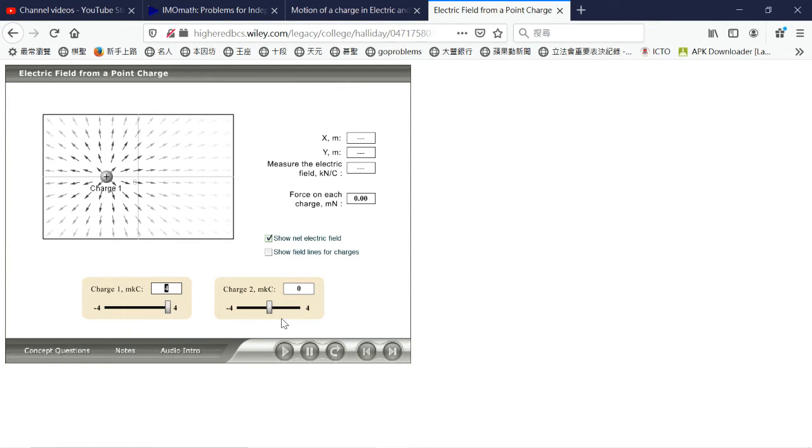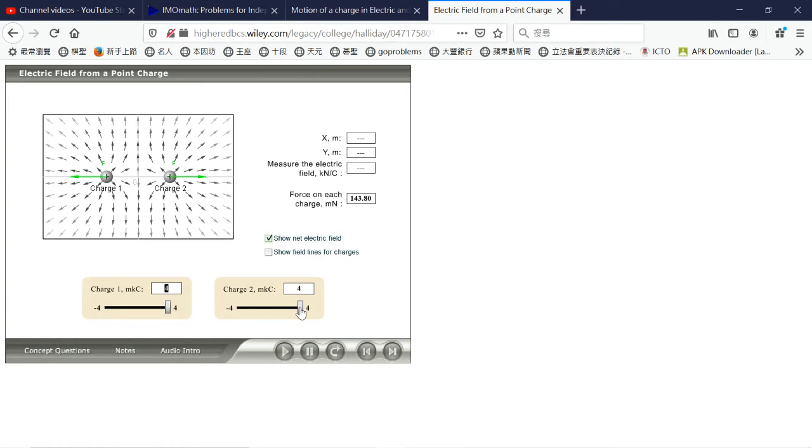If I have 2 positive charges with the same amount, the E field line will look like this. They are repelling each other, and they are symmetric. The left one is a mirror image of the right-hand side.